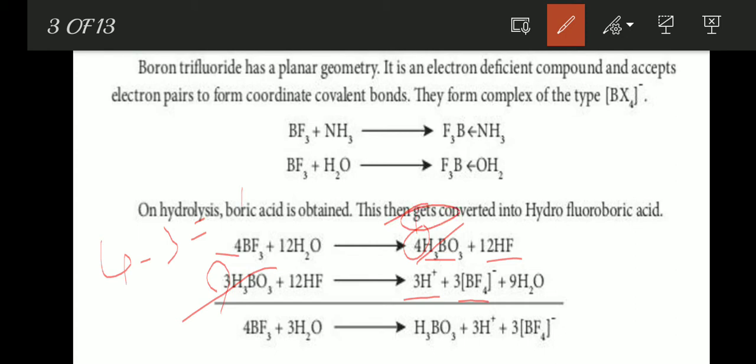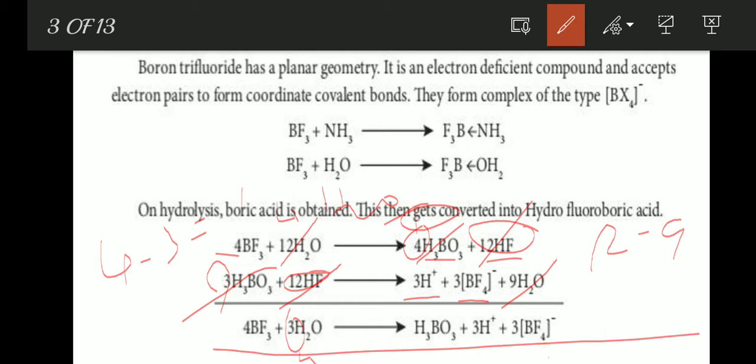And listen, next 12HF cancels. 12H2O, 9H2O, remaining 12 minus 9, 3H2O. 4BF3 is added, and 3H plus and 3BF4 minus and H3BO3. Okay, students. The remaining 4BF3 and 4H2O are converted to boric acid and H plus hydrofluoroboric acid. This is hydrofluoroboric acid.